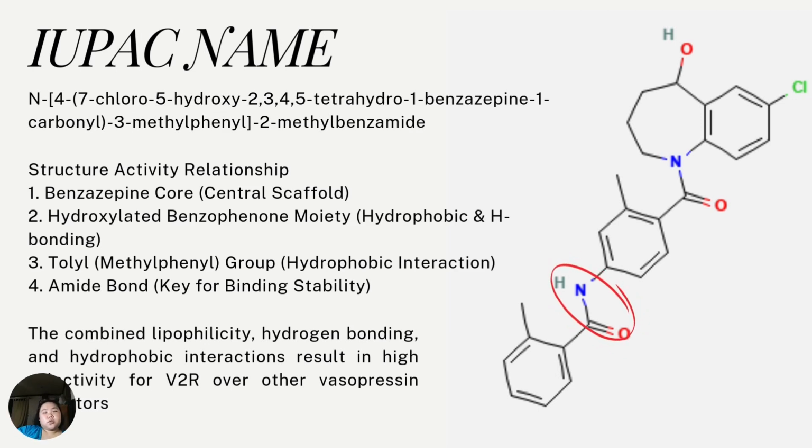It contributes additional hydrogen bonding interactions, forming hydrogen bonds with the V2 receptor, so it contributes to strong binding affinity. We have to reiterate how important binding is, and replacing or removing this group reduces receptor binding, which is not what we want, since the drug molecule needs to bind to the receptor in order to take its therapeutic effect.